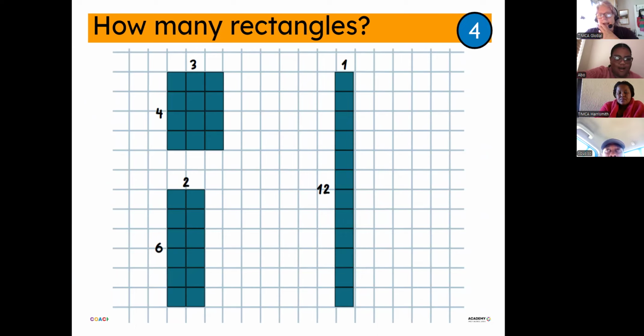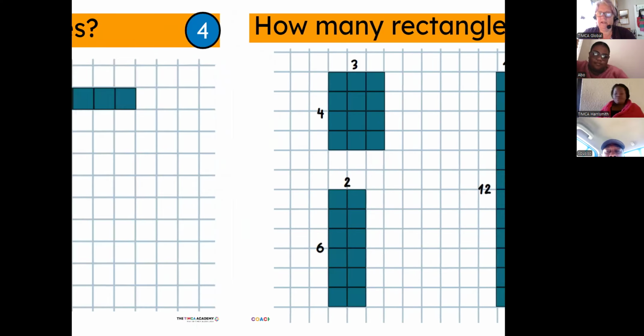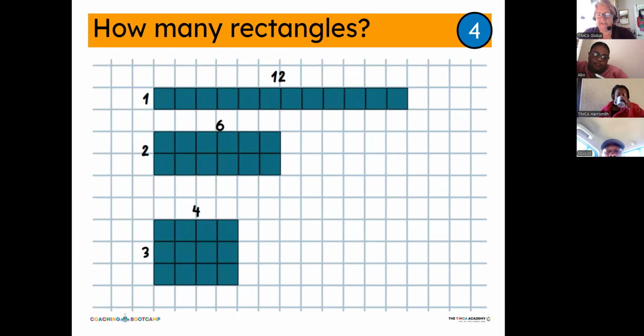And if you were working with grade 4s and 5s, you could then start saying, well, these are your factors of 12. This starts to show what the factors are. With younger kids, you wouldn't use that word, obviously.